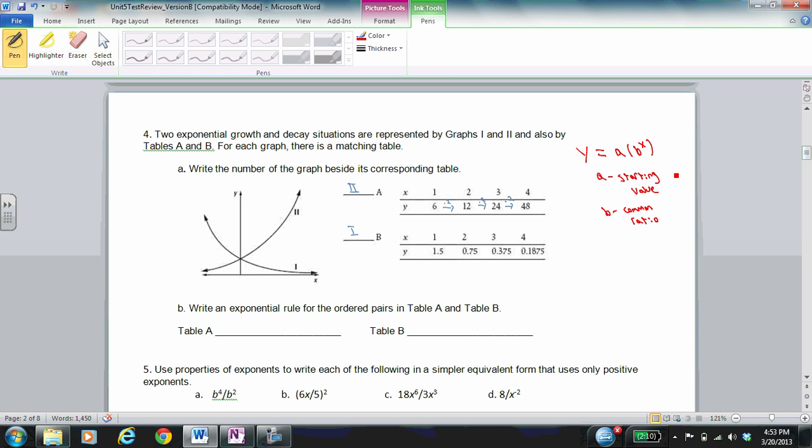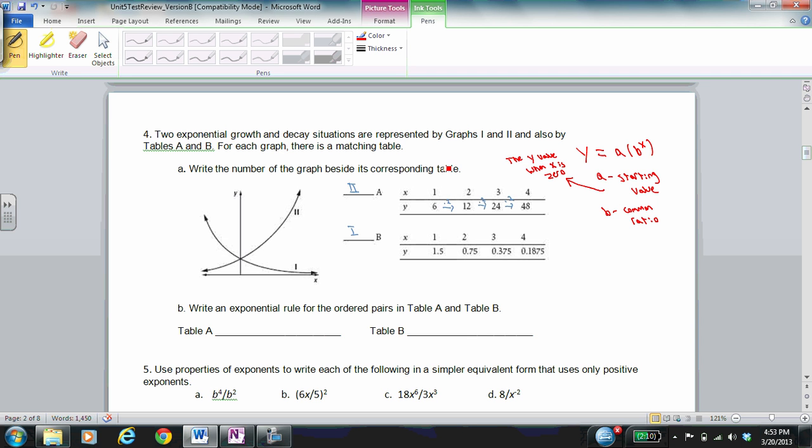Now if I look at table A, remember when we say the starting value, we're specifically talking about the y value when x is 0. So in other words, the y-intercept, or where it starts on the graph at x equals 0.